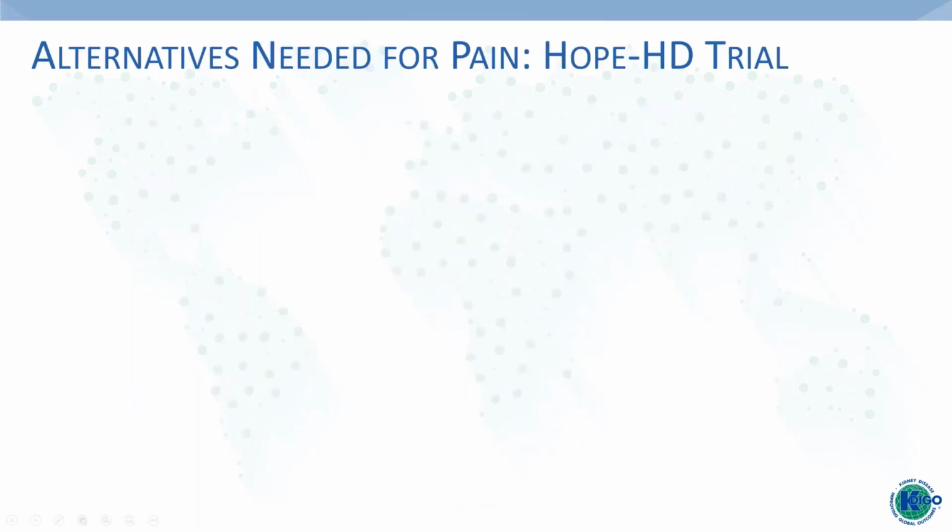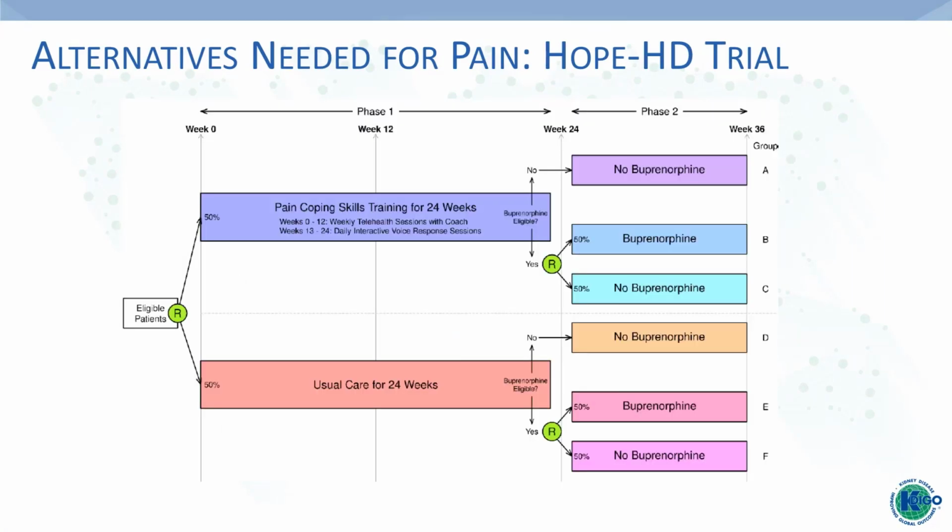So there are alternatives needed for pain, and that brings in another much larger clinical trial that has just been started in the United States, the HOPE-HD trial, where over 600 people, 640 people, are being randomized to either pain coping skills training or usual care for 24 weeks.